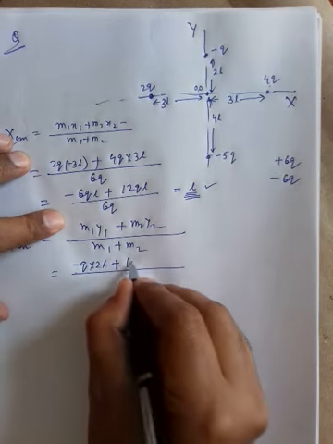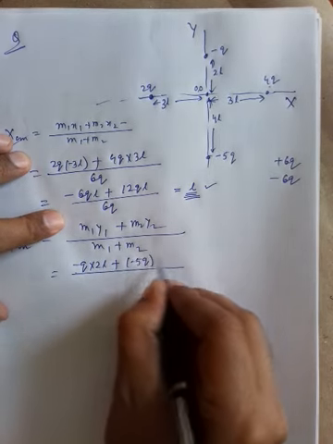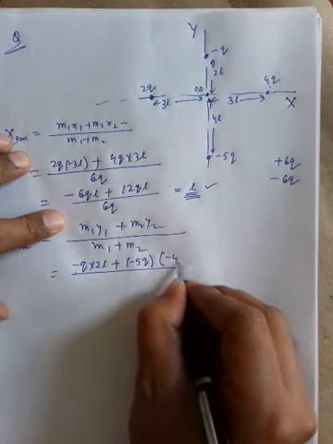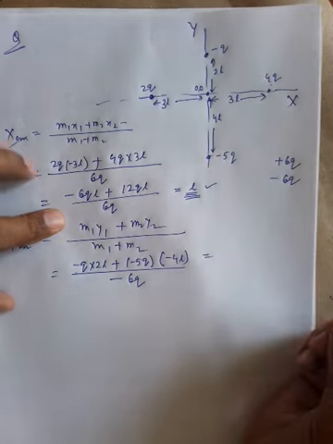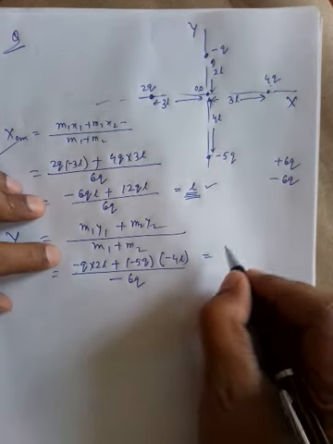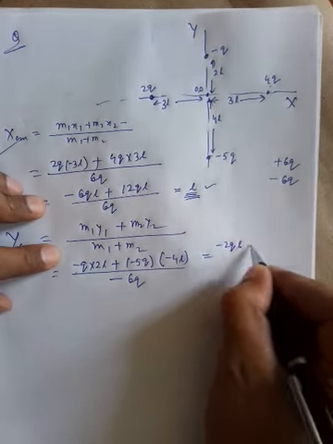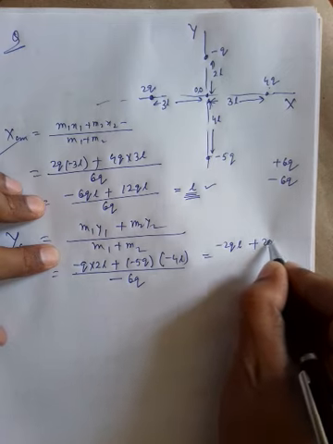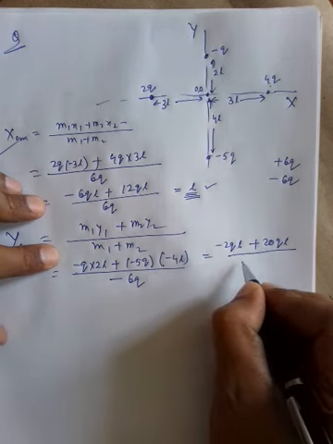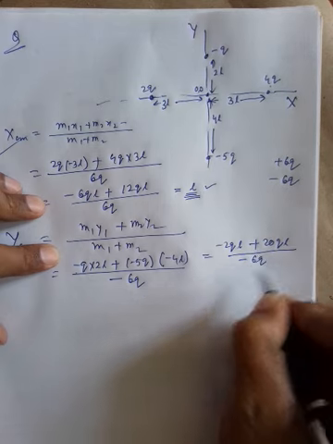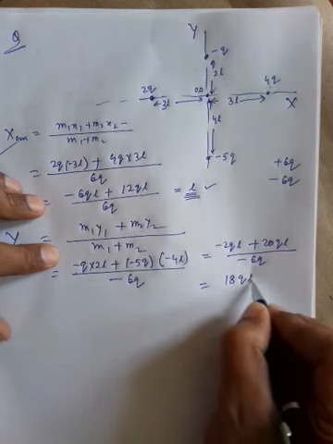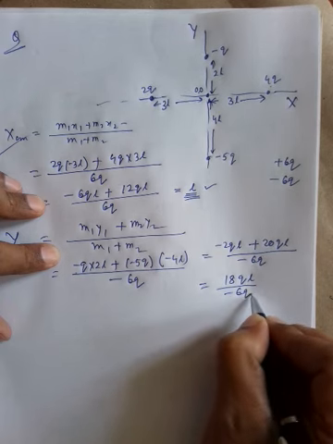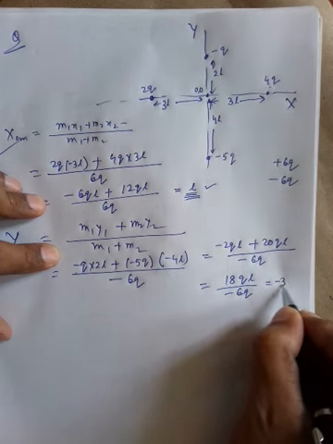This charge also negative, minus 5q, distance is below origin, so minus 4L, divided by total charge minus 6q. If you do the calculation, minus 2QL plus 20QL divided by minus 6q. So what do you get? 18QL by minus 6q. Q cancels, so minus 3L.